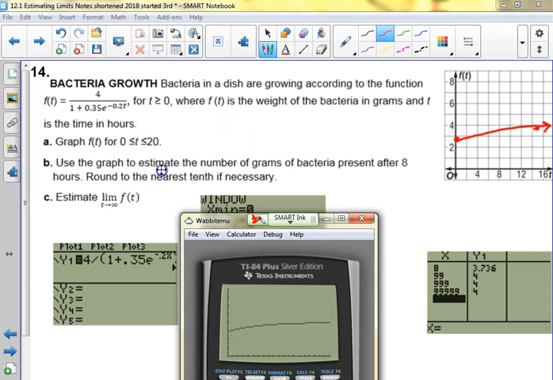Graph we did. After 8 hours, round to the nearest 10th. Can somebody do a trace 8? 3.7, was it grams? Okay. As the limit as it approaches infinity, apparently this petri dish can only support how many bacteria?